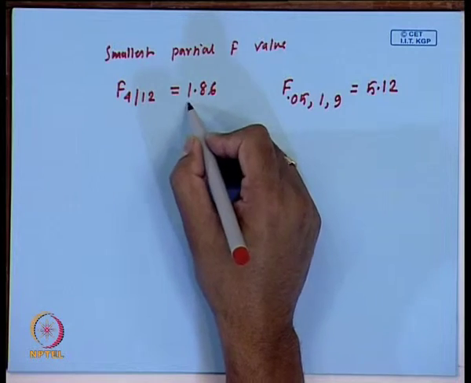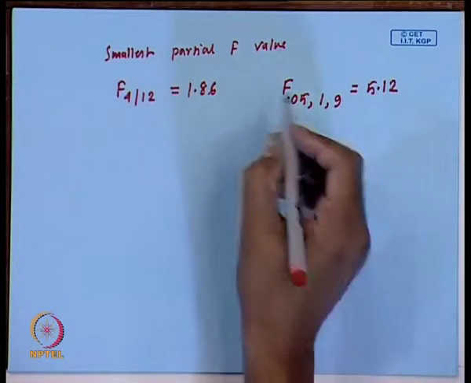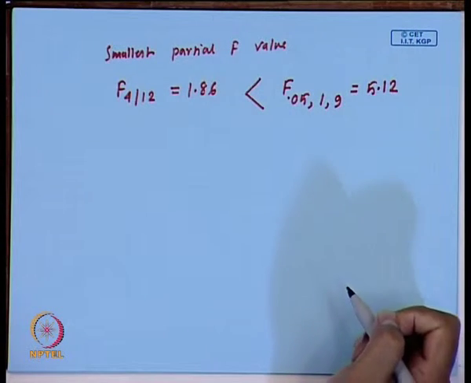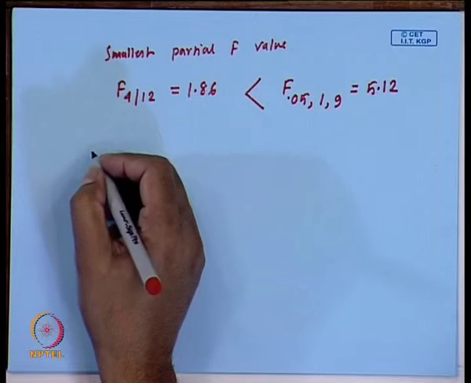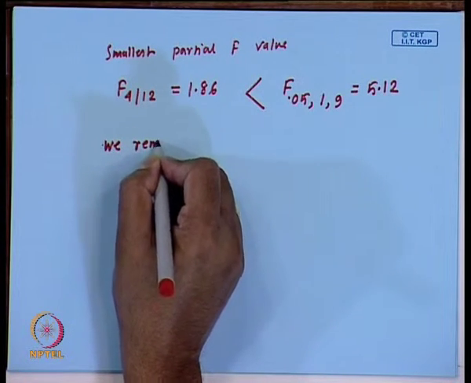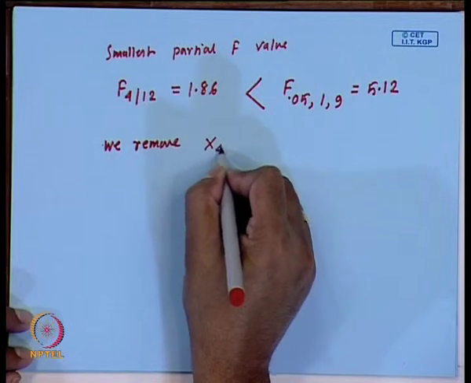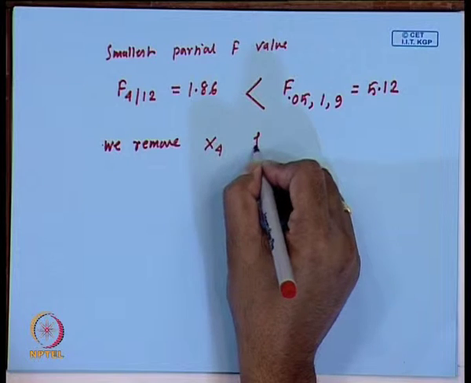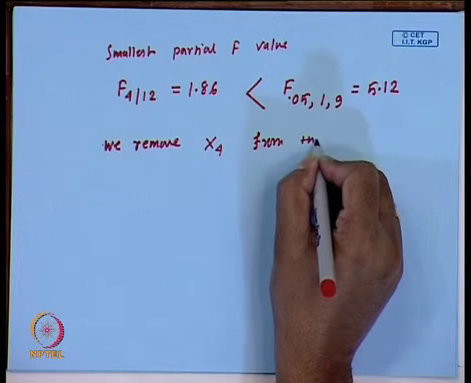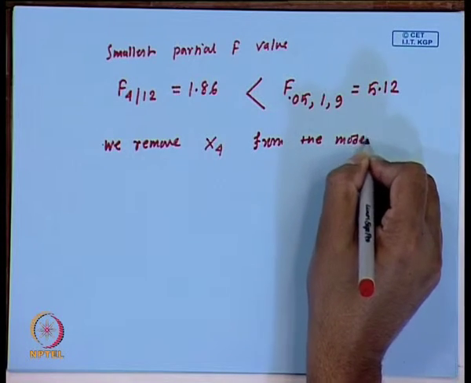Now, again the partial f value associated with x 4 is less than this one. So, what we do is that we remove x 4 from the model.